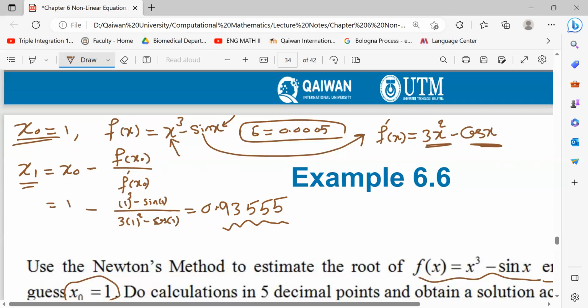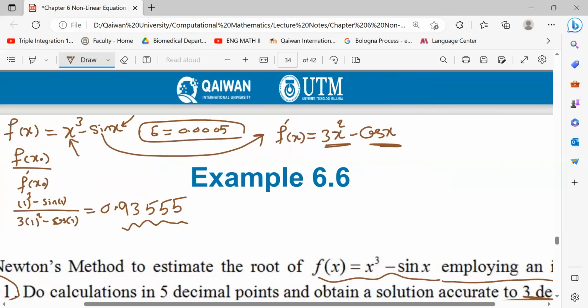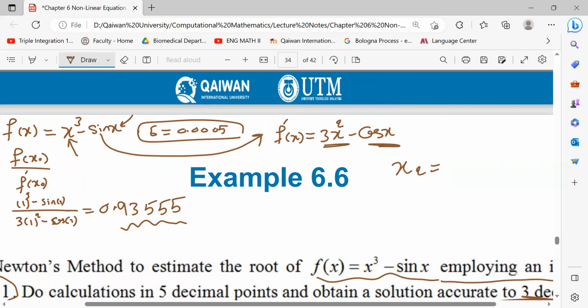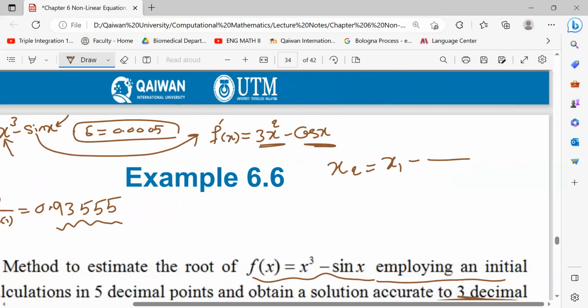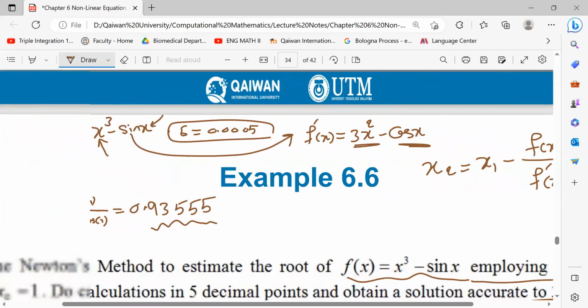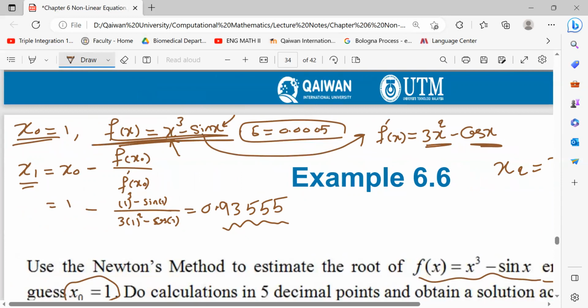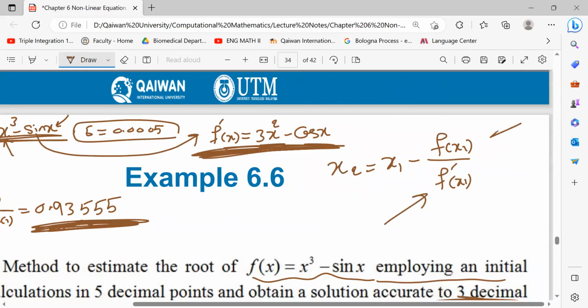This is x1. How to get x2? We say x2 is x1 minus f of x1 divided by f prime at x1. We now use this function and this one and this point. We substitute this point into those two functions and put it here and here.